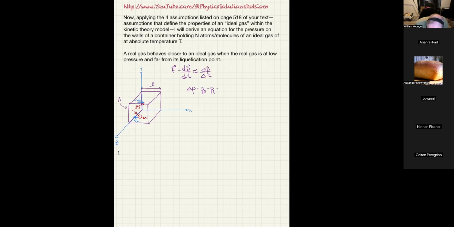So we're going to use the fact that kinetic energy initial equals kinetic energy final, which means that 1/2 m vx squared is equal to 1/2 m vx final squared.